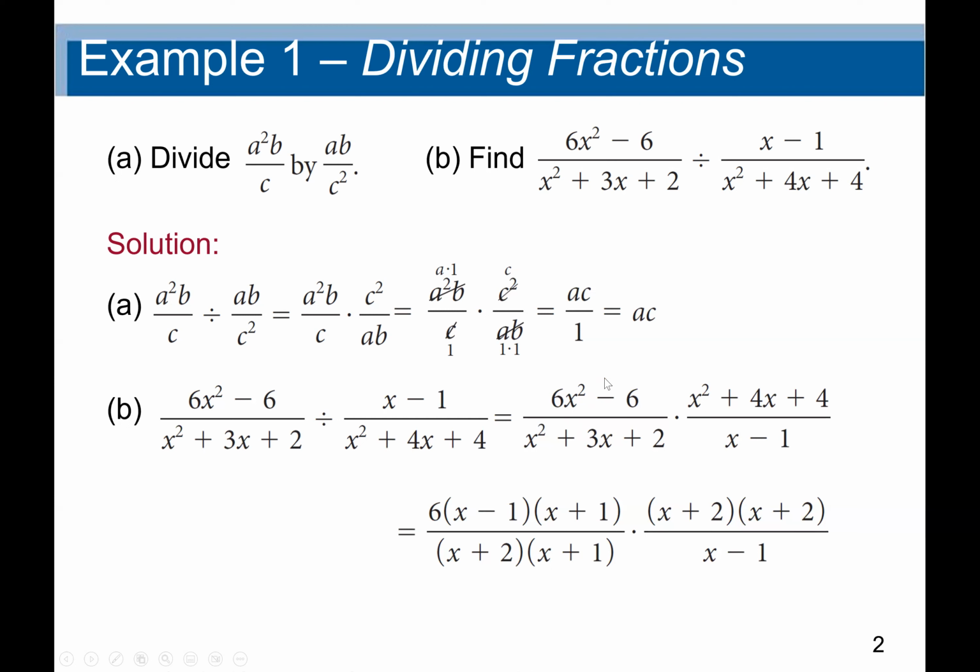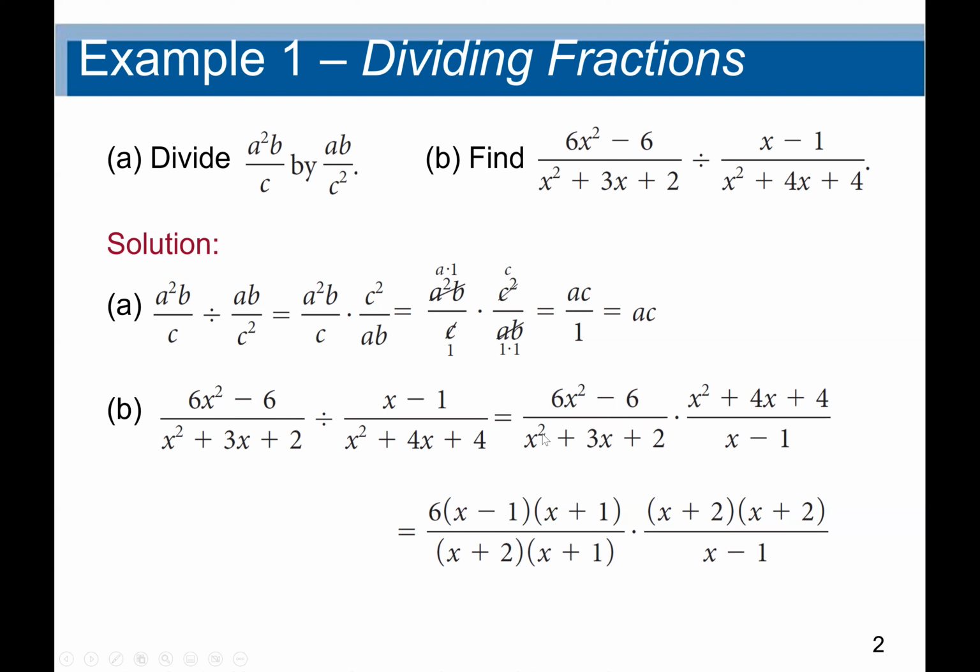So that's the first term. We factorize 6x squared minus 6, and that gives us 6 times x minus 1 times x plus 1. First, 6 is common, so we take the 6 out. Then we have x squared minus 1, which is a difference of two squares, and that gives me x minus 1 times x plus 1.